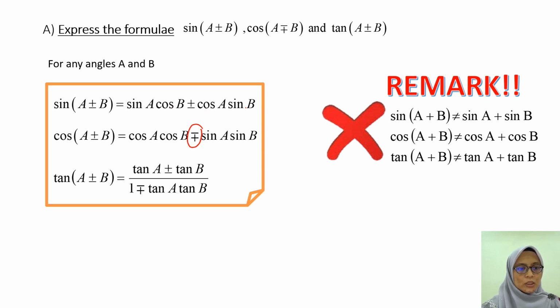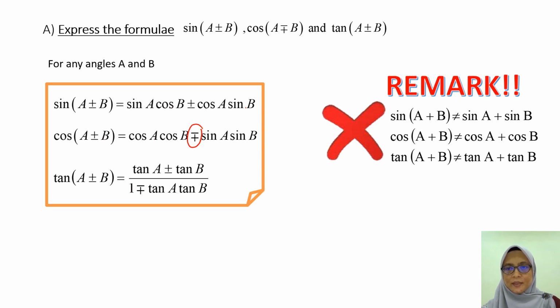Okay, so tangent A plus minus B equals tangent A plus minus tangent B over 1 minus plus tangent A tangent B.